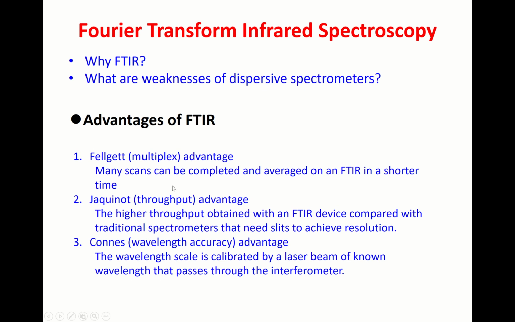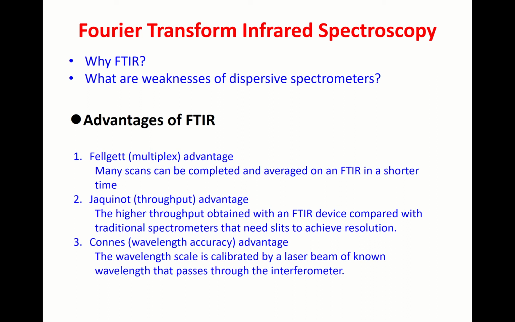That's called the Fellgett advantage, and the next advantage is called the Jacquinot advantage. Another name is the throughput advantage. With an FTIR instrument, high throughput can be obtained compared with traditional spectrometers that need slits to achieve resolution. In an ordinary spectrophotometer, there is an entrance slit, gratings, and an exit slit.